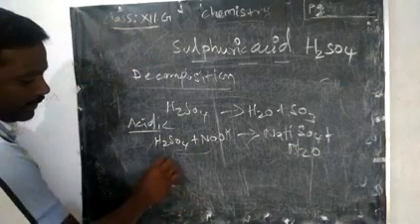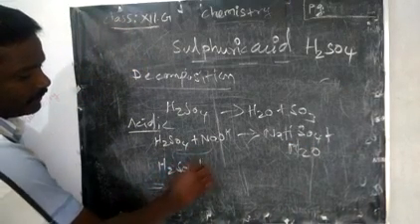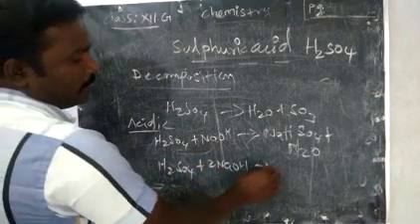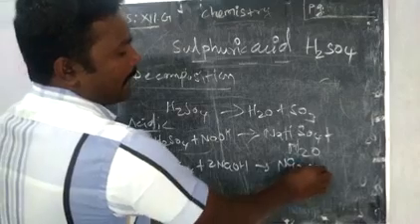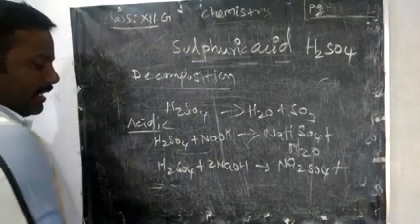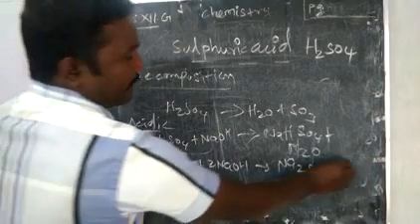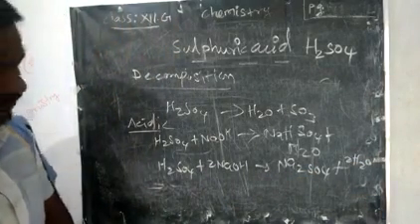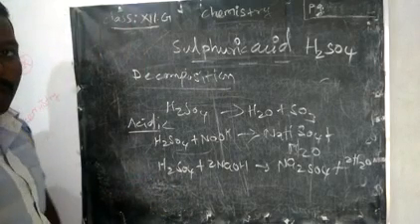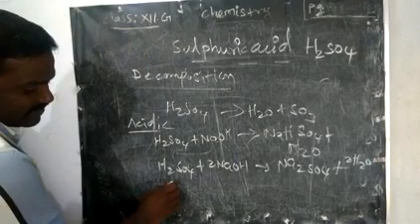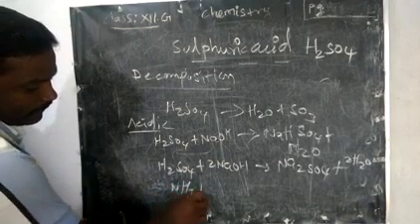If you take 2 moles of NaOH, now what will happen? Sodium sulfate, Na2SO4, will form. What are the remaining? 2 hydrogen and 2 OH, becoming 2 moles of water. Then with ammonia, it will form ammonium sulfate. Here water is not forming like that.